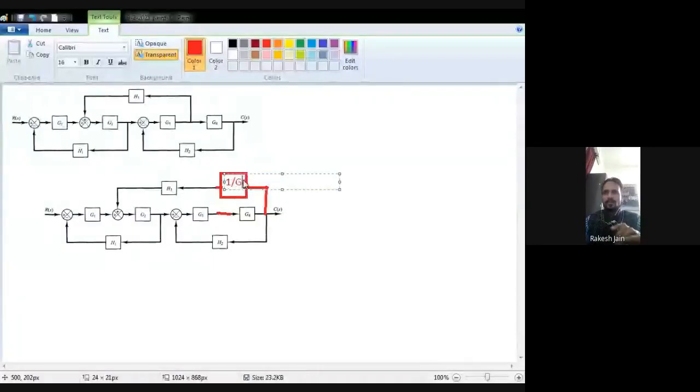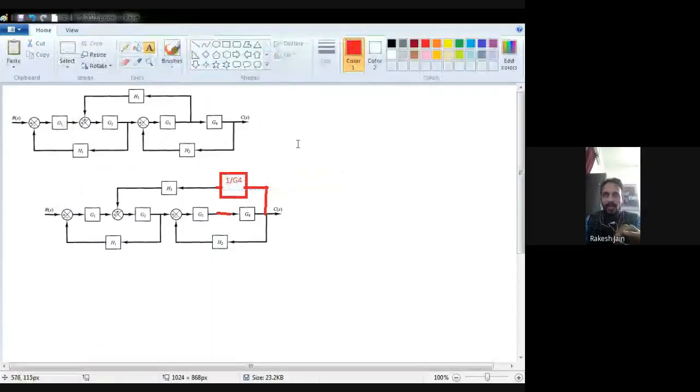So the G4 will come in 1 upon. So this is 1 by G4. One upon G4.